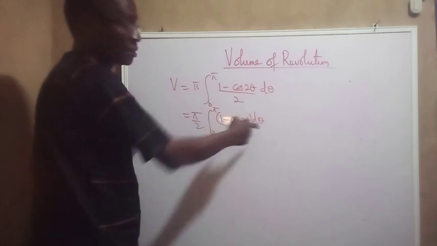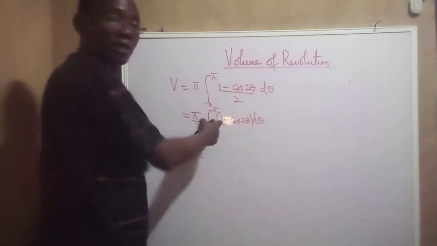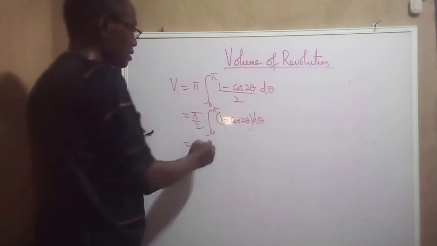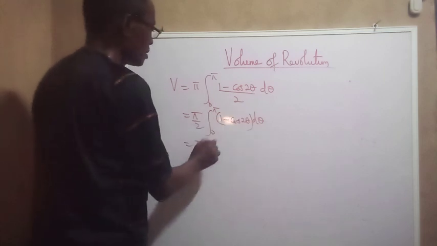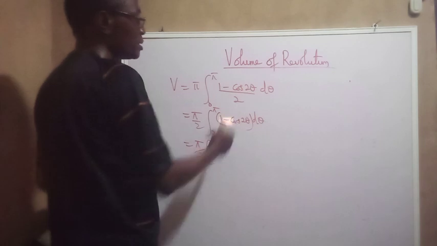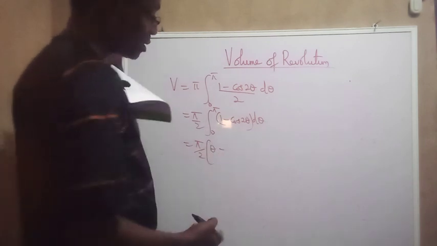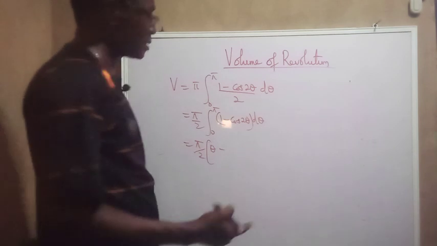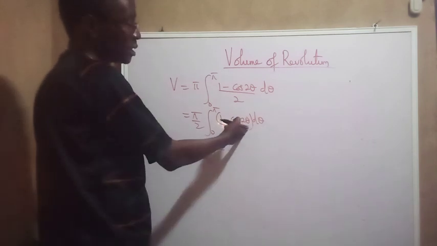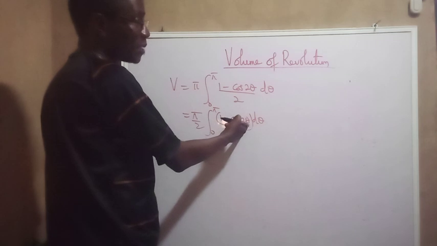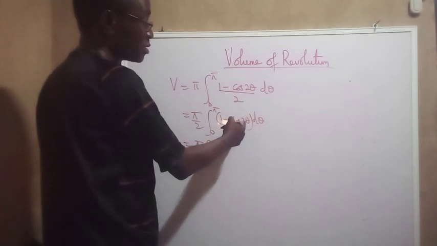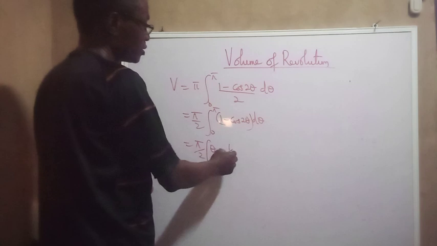We now integrate this. When you integrate 1 with respect to theta, you have what? You have theta minus, when you integrate cos 2 theta, remember when you integrate cos theta, you have sine theta. But now it is cos 2 theta because a factor 2 is multiplying theta here. So you have first of all divided by that 2, you have 1 all over 2.